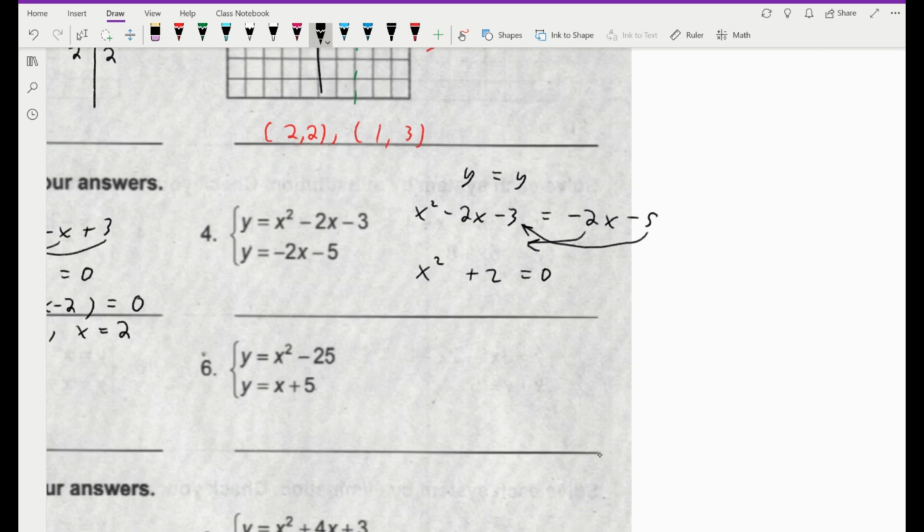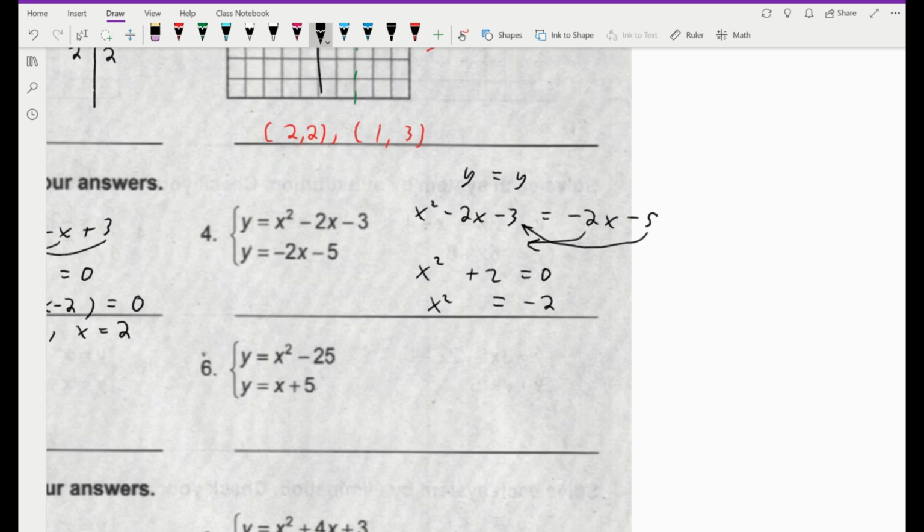Now, if we solve for x, all the x's here canceled. If we solve for x squared, we have to use a square root method. I'm actually going to move the 2 back over, because we can't factor when it's just an x squared. So we have x squared equal to negative 2. Now, how do we solve for x? We can use the square root method.